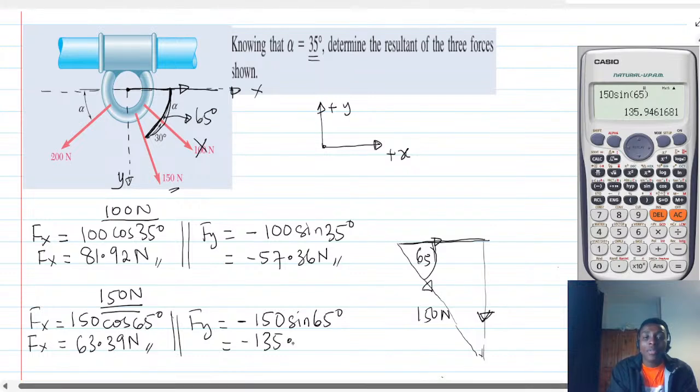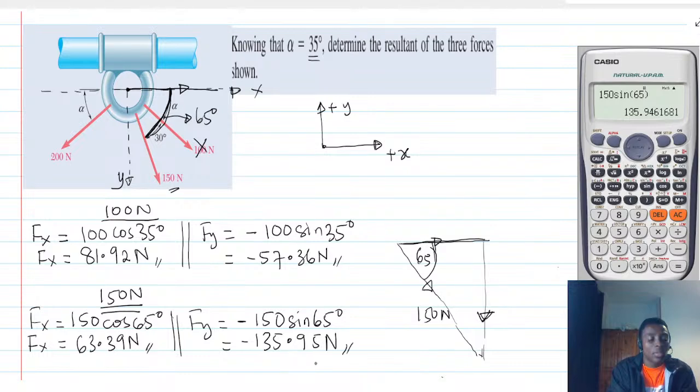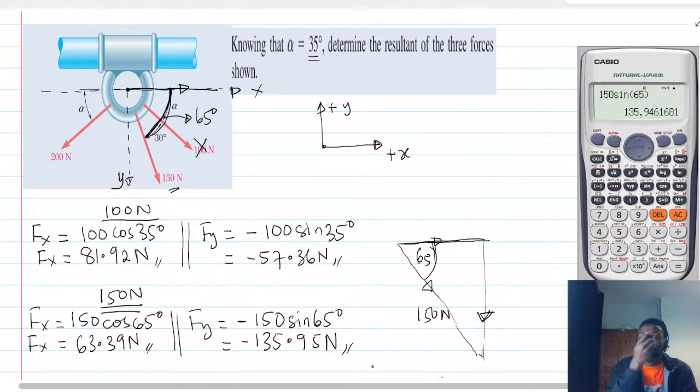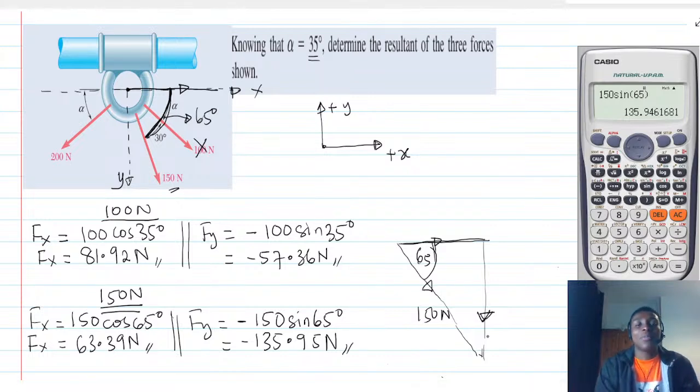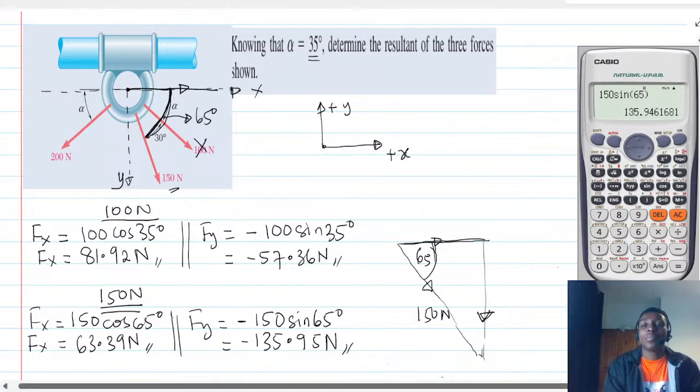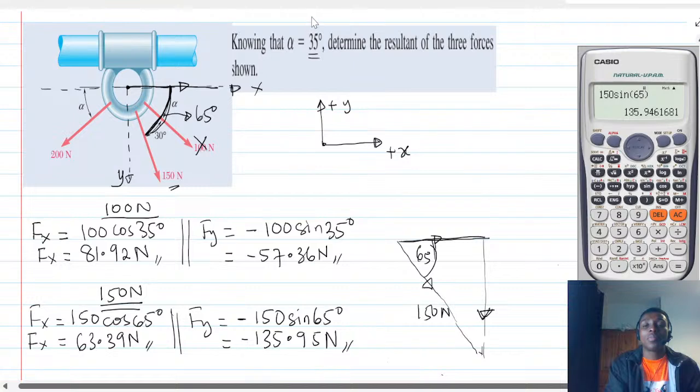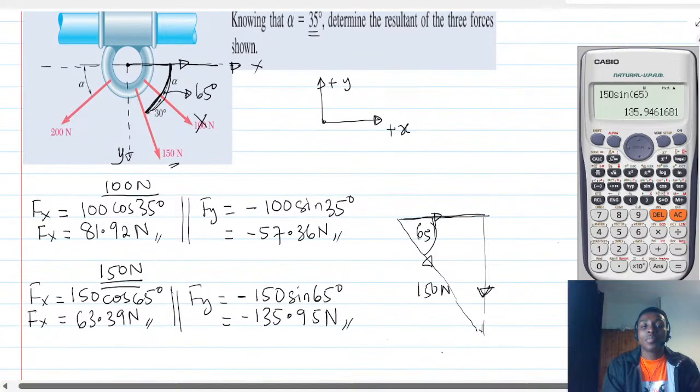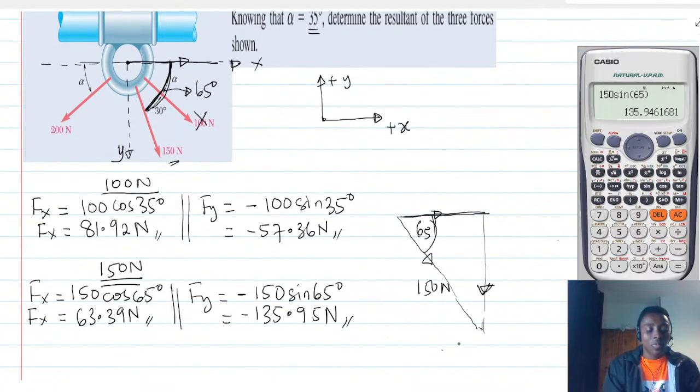Minus 135.95 newtons. Okay, so that is the y component, all right?